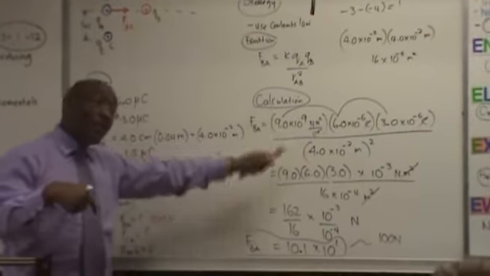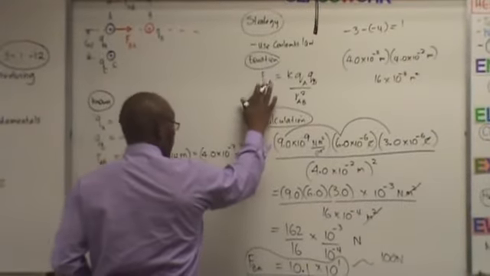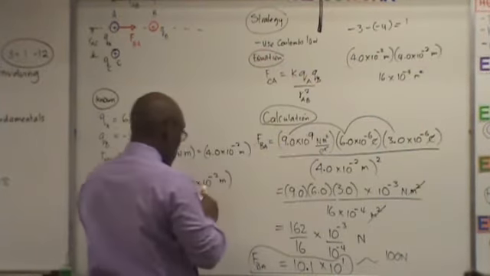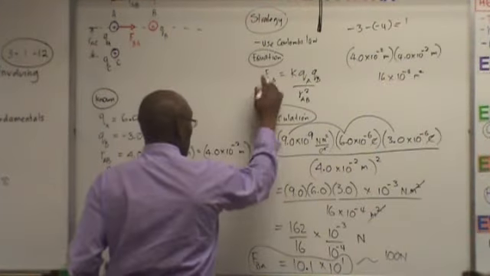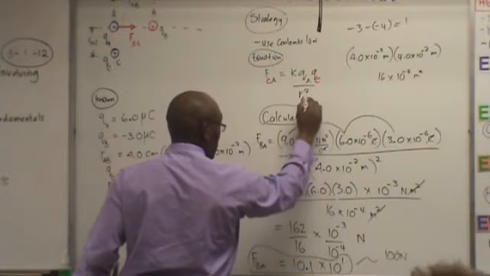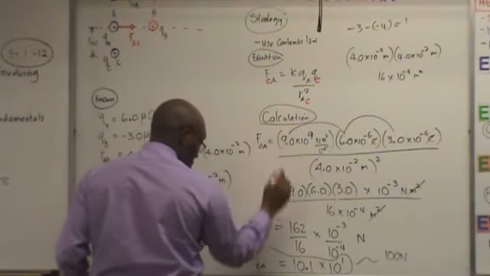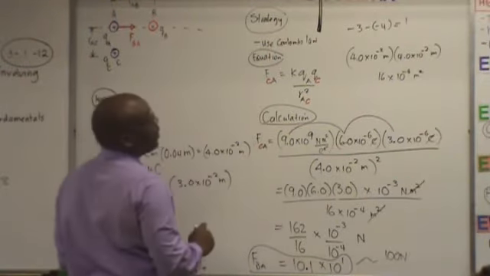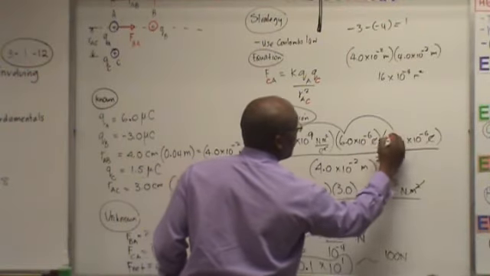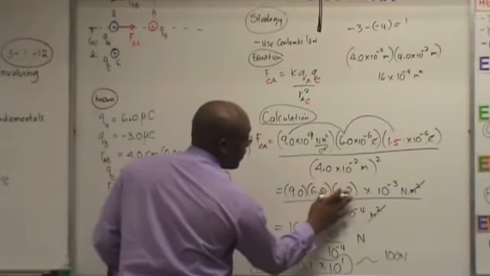So in this calculation that I have here, everywhere I see a B, I'm going to replace it with a C. Okay, so this was my C. Now it's 1.5. This is 1.5.